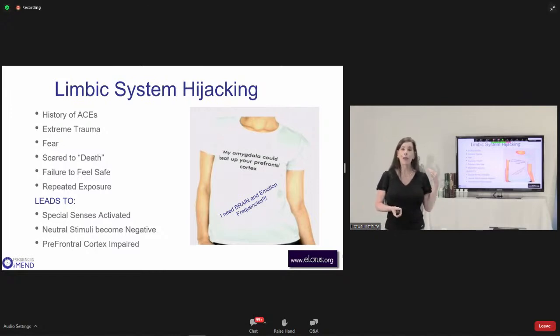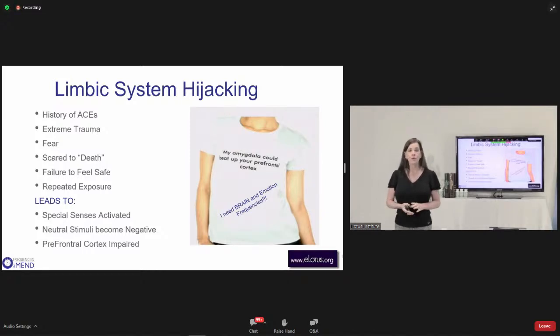And this is because when people have any of this running in the background, the special senses, remember we talked about that in the cranial nerves, especially the ones that emanate from the medulla. So we're thinking the vagus nerve and hearing and speech and facial expression. And then the eyes will do something where we hone in and dilate in order to look for the threat.